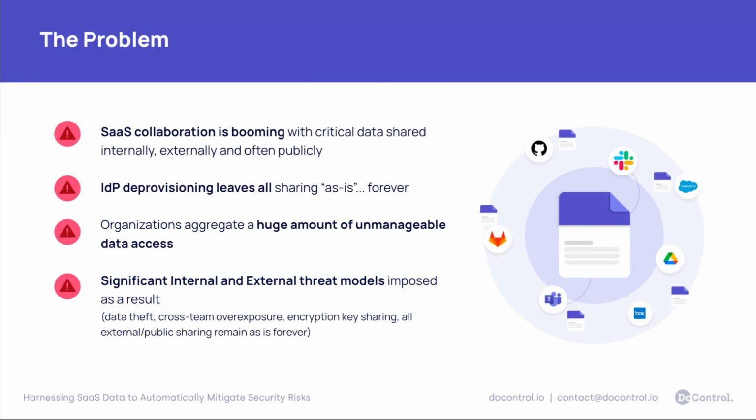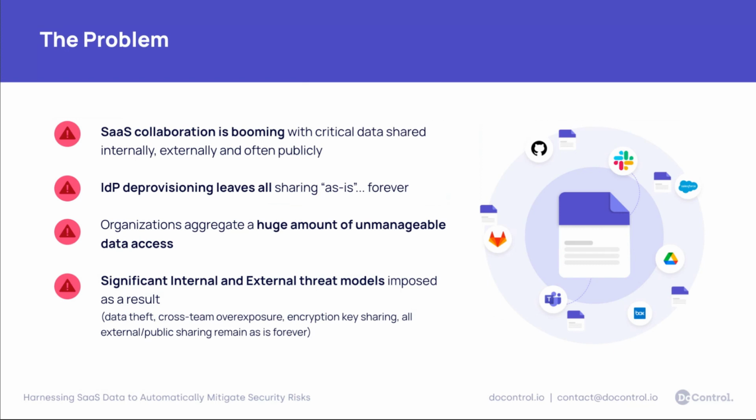IDPs, identity providers, or any other identity management processes do leave sharing as is, even after the sharers are being deactivated or deprovisioned. And organizations store huge amounts of data without the proper guardrails, tools, and policies to manage them correctly and efficiently.